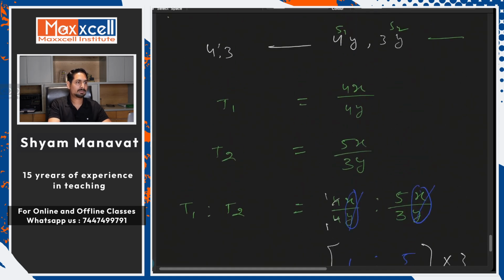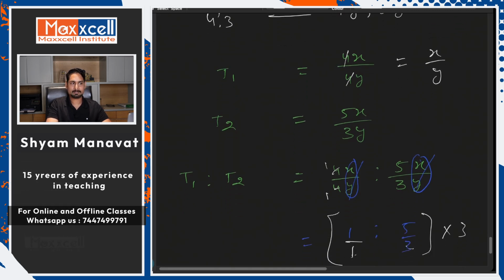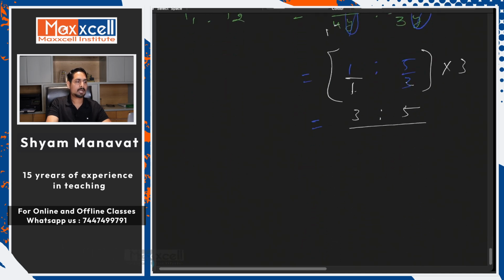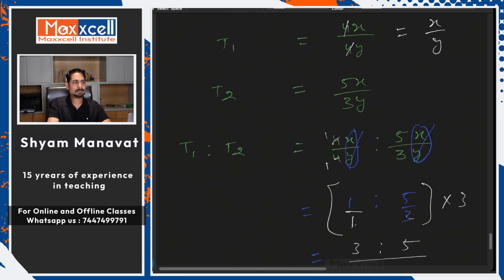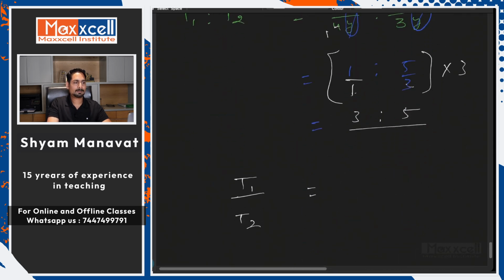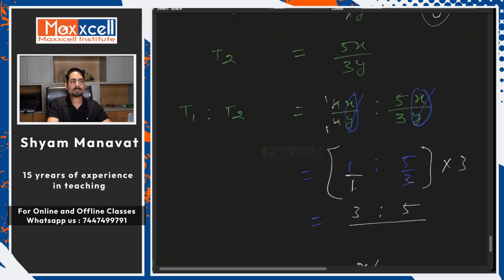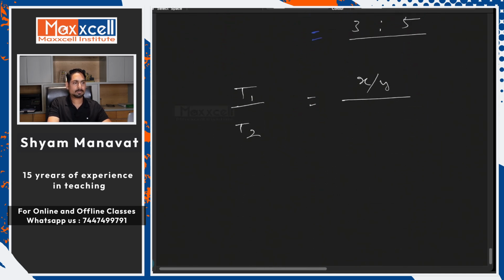You can also do it this way. This T1 is nothing but x upon y, and T2 is 5x by 3y, that's fine. And if I want to find the ratio of T1 by T2, that is equal to x upon y divided by 5x upon 3y, and you remember the denominator will become the numerator.